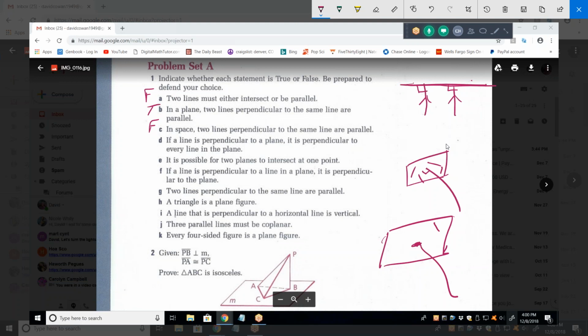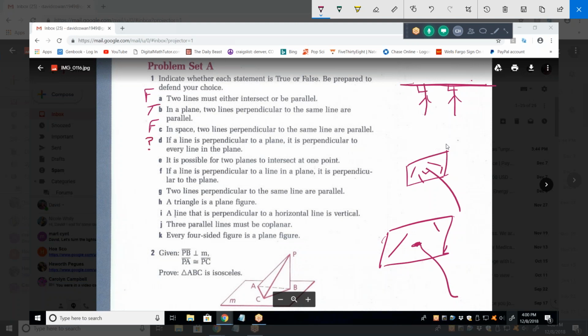Well, if I compare that popsicle stick with every other line, no matter how I draw it, it's still perpendicular to all those lines. But I don't want to get hung up on this. Not even sure I'm 100% right. But I think I am. So we'll leave that one question mark.